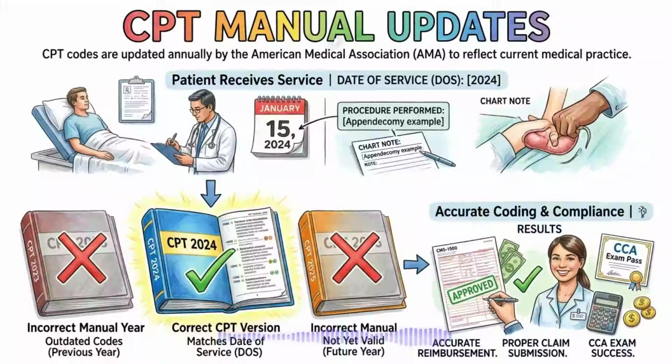The CPT code set is created, maintained, and copyrighted by the American Medical Association, which updates the manual every single year. Because medicine is constantly advancing, new procedures are added, outdated ones are deleted, and existing descriptions are revised annually to reflect modern clinical practice.